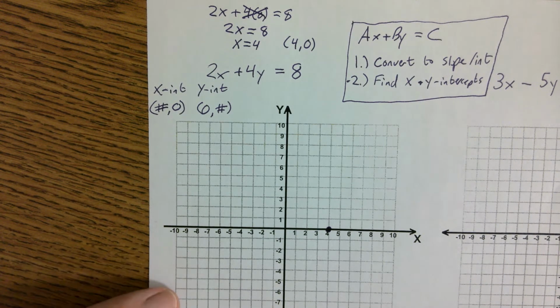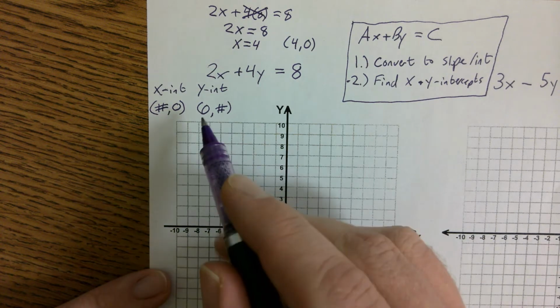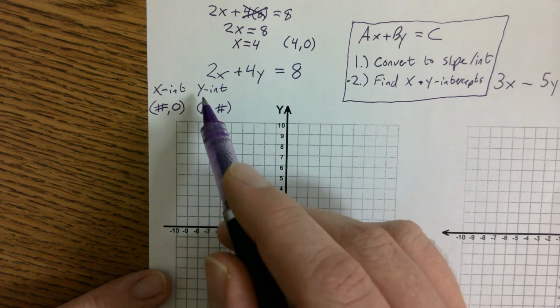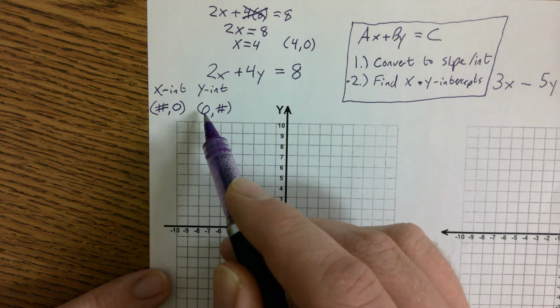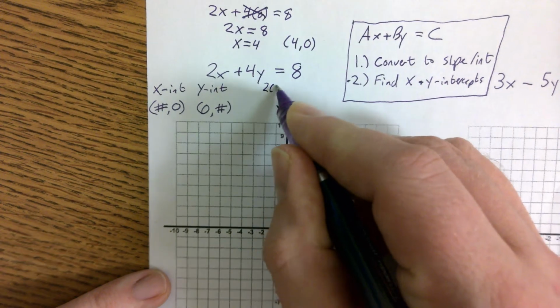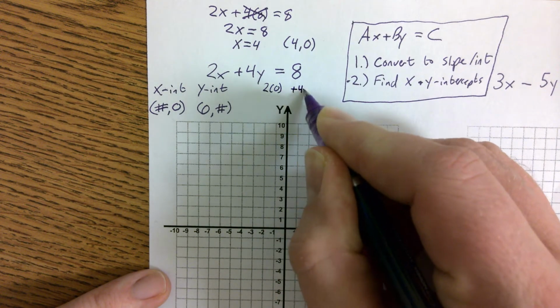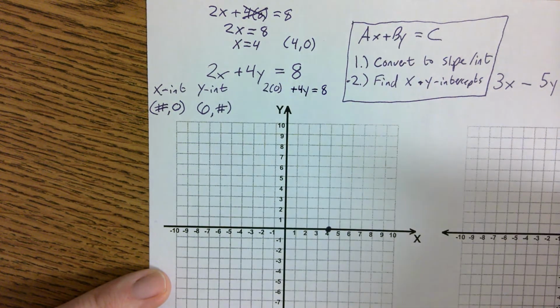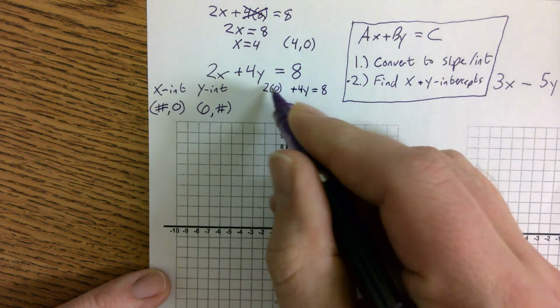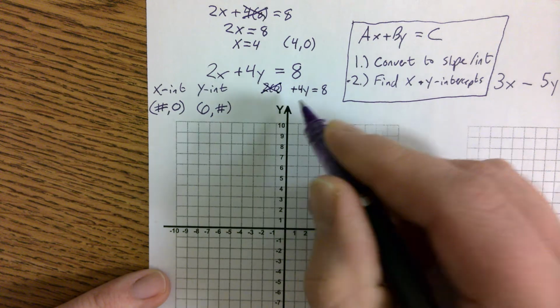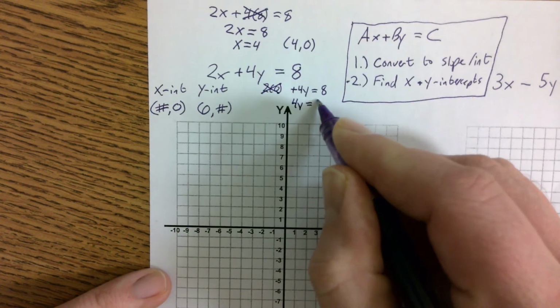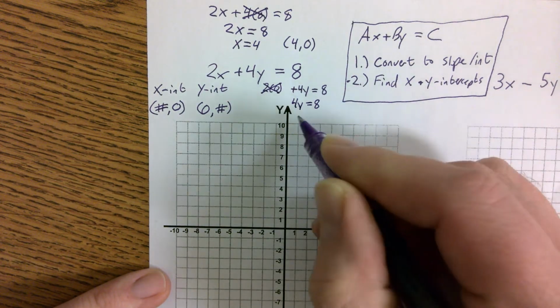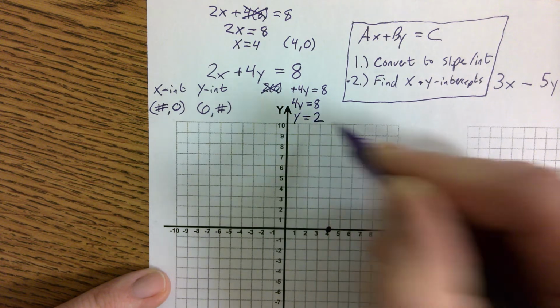Now I can do the exact same thing for the y value with the y-intercept. In the y-intercept, the x is 0, so I'm going to have 2 times 0 plus 4y equals 8. Once again, 2 times 0 is 0, so that's gone. I'm left with 4y equals 8. Solve for y, and we get y is 2.